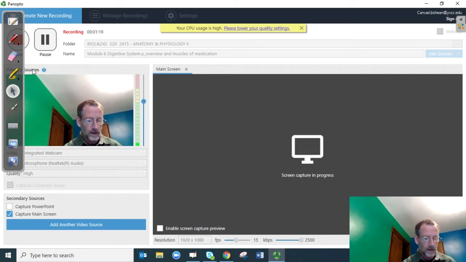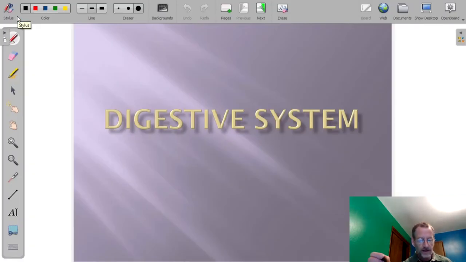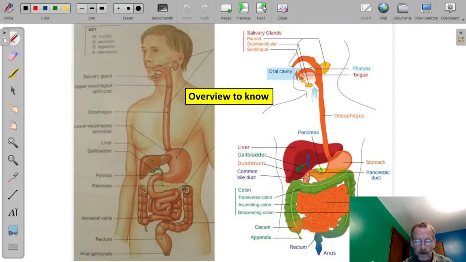So, the digestive system. This is an overview picture, two images side by side, more or less the same. Some things are shown on one that aren't on the other, but you should know pretty much all of this anatomy that's shown in these 2 slides.